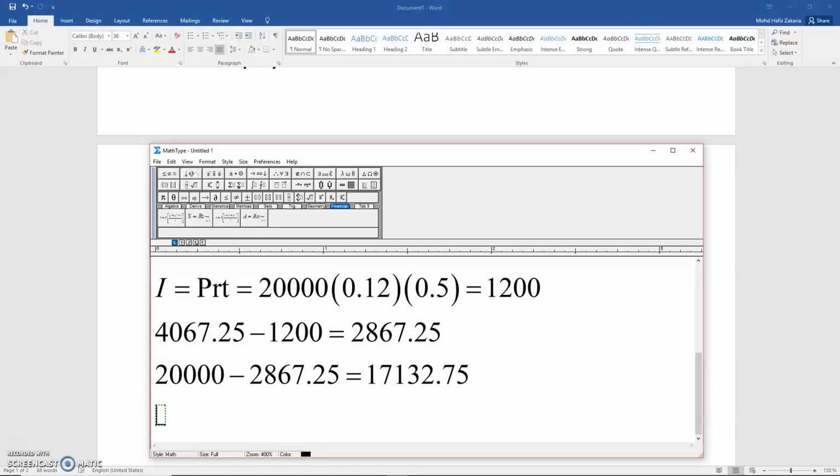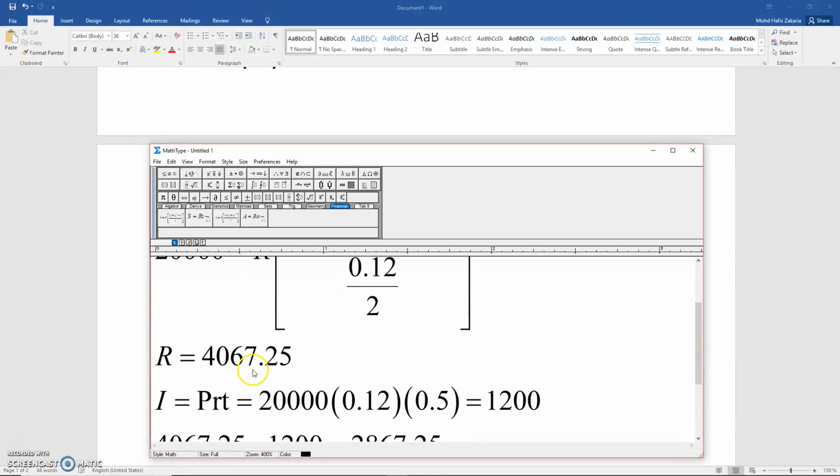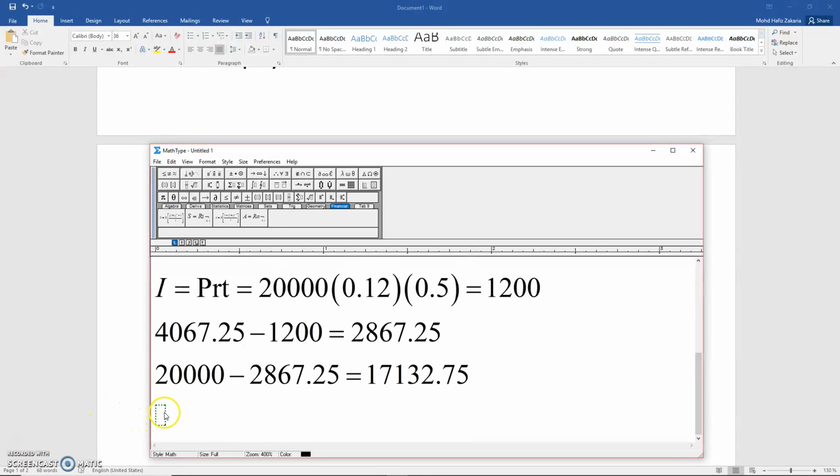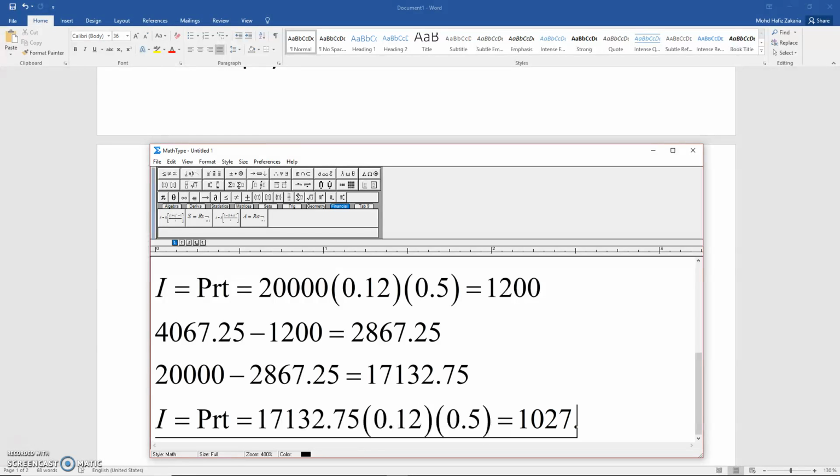We know that our payment is 4,067 ringgit and 25 cents, which is the R. Out of this value, the interest is equal to, let's use PRT again, where P now is 17,132.75 times the same as what we did before, 0.12 times 0.5, which is equal to 1,027 ringgit 97 cents.